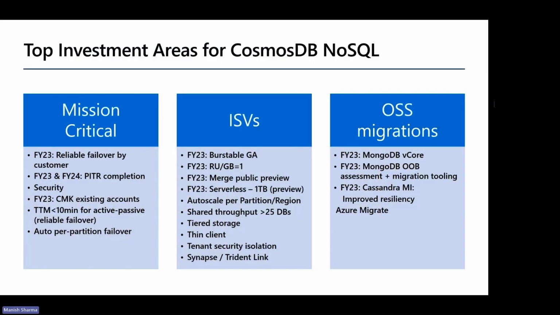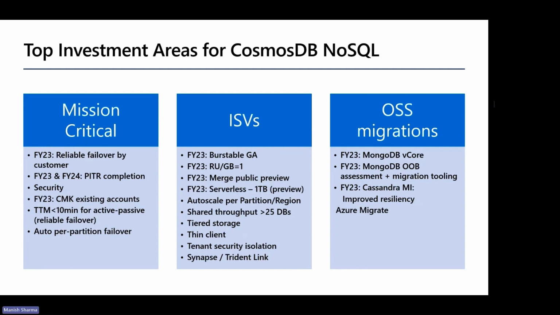What are the top investment areas for Cosmos DB? We have reliability. We have CMK coming up, and we also have per partition failover and active passive reliable failover. We have a very specific focus on partners, as I said. So we are bringing all the things which are hampering any partner to come on board and develop solutions on Cosmos DB.